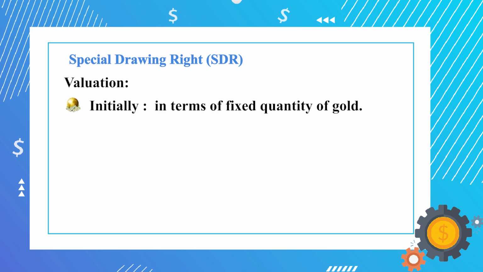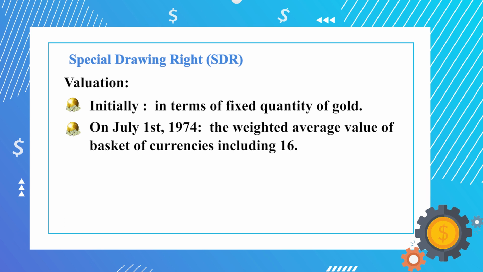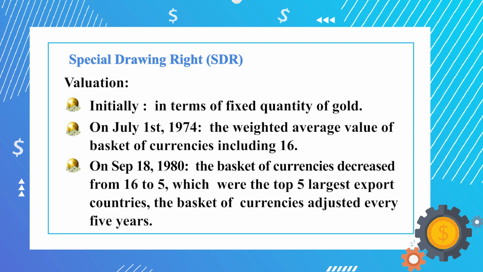The valuation of SDR has been changed several times. Initially, it was valued in terms of a fixed quantity of gold. On July 1, 1974, it was the weighted average value of a basket of currencies including 16 currencies. On September 18, 1980, the basket of currencies was decreased from 16 to 5, which were the top 5 largest export countries.